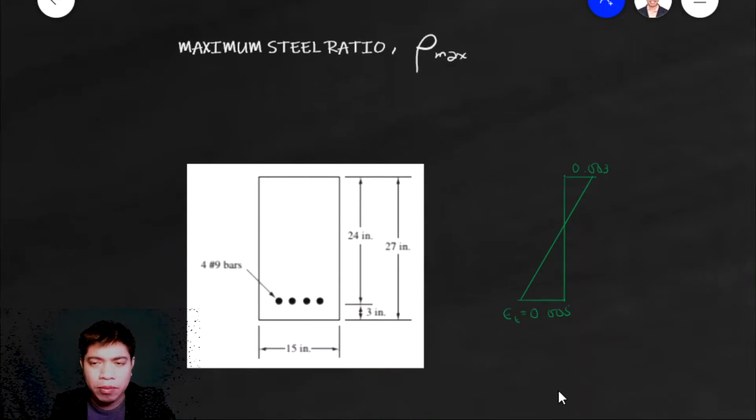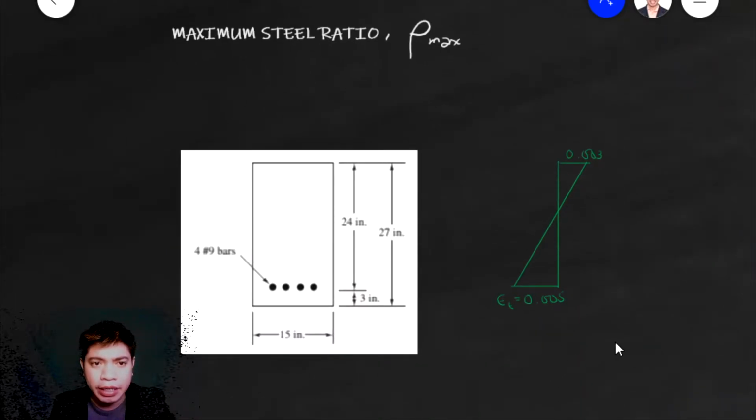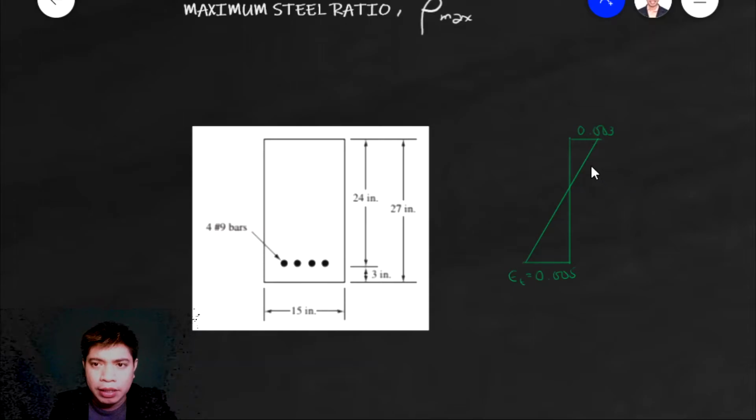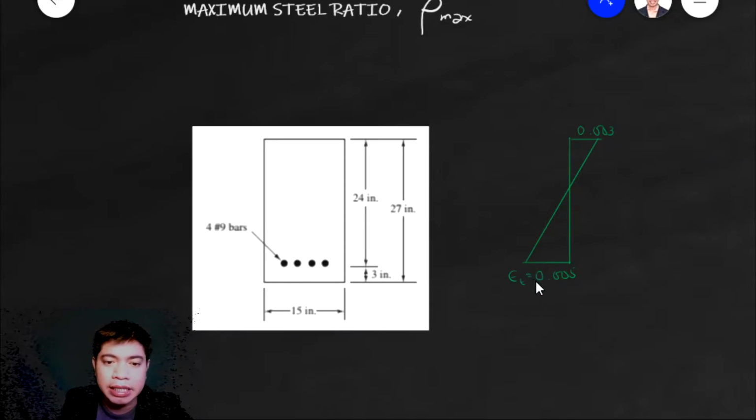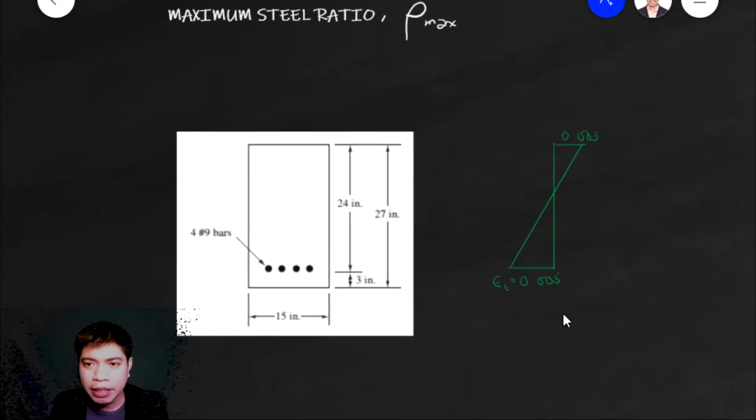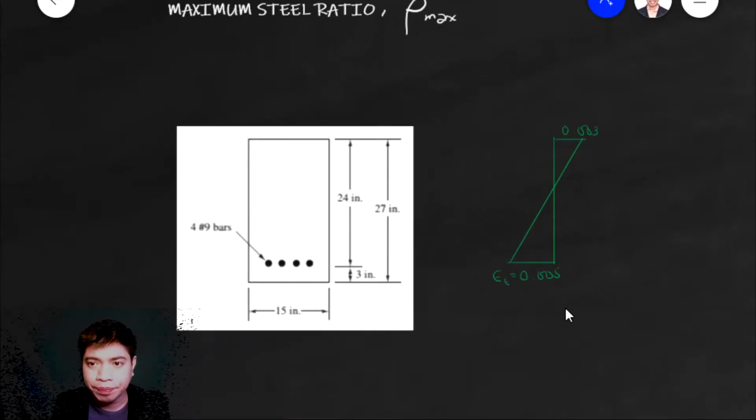Gumawa ko dito guys ng isang strain diagram. Ito yung ating compression strain or strain sa concrete. Tapos ito yung ating tension strain or strain sa steel, which is set na natin sa 0.005. Ratio and proportion lang ang gagawin natin guys.